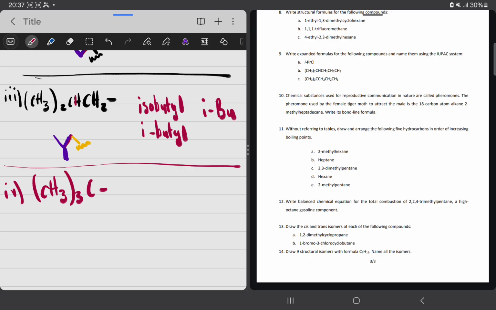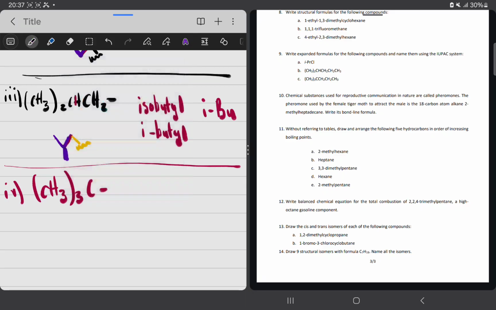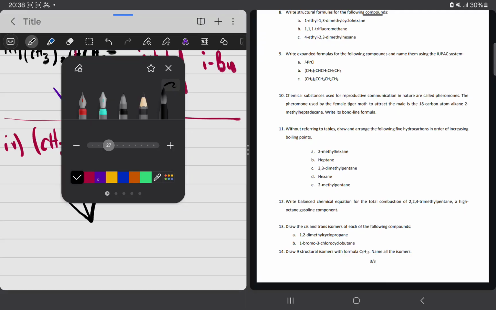Then for tert butyl, you can see here, it's just a tertiary one. And actually, just like for iso, the longest carbon chain is not 4 carbons, but it is actually 3 carbons. So you can say the longest carbon chain is like this, 3 carbons. Then you can put another one which comes in between like this. Then this is how you have your 4 carbons.